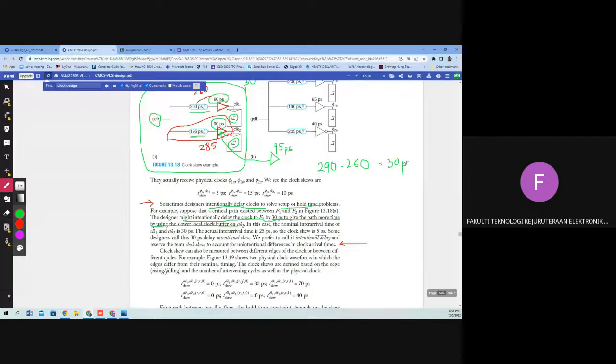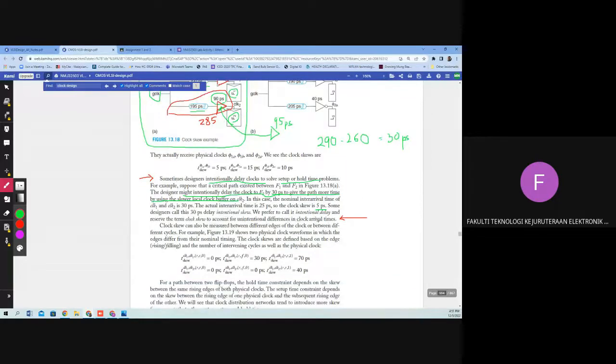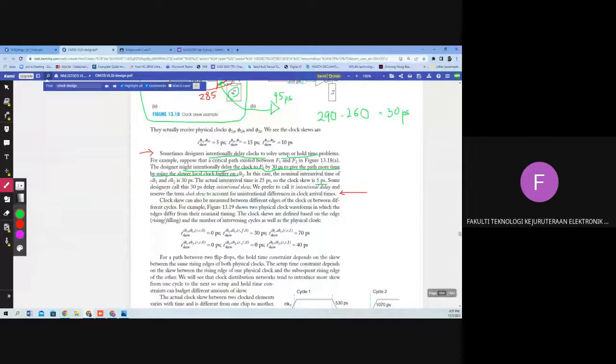So that's actually what the sentence means. There we give additional delay.